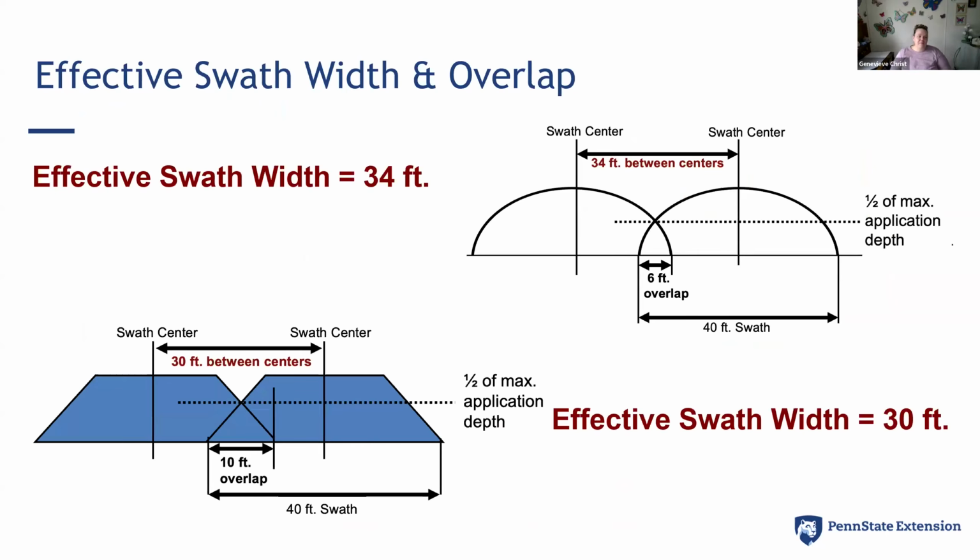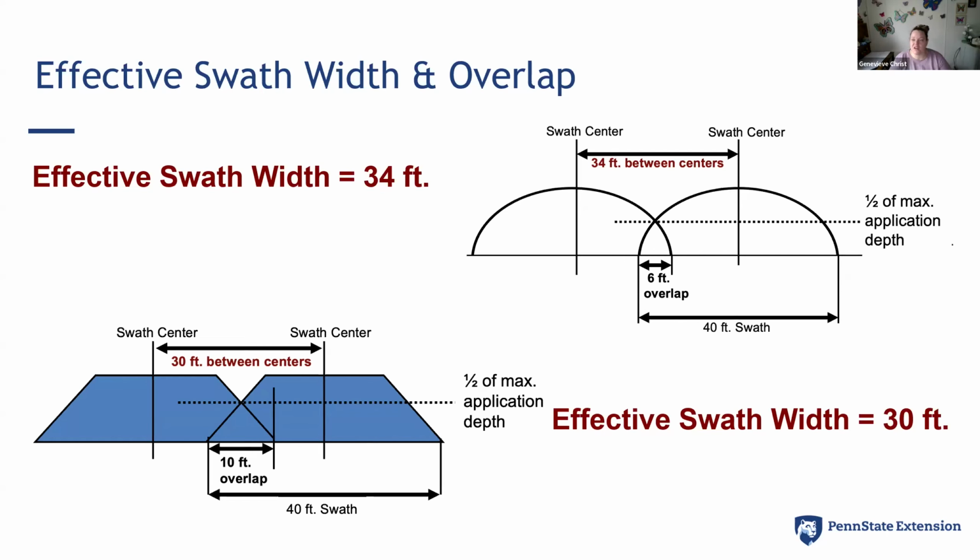So thinking just a little bit about effective swath width and overlap, it's going to depend a lot on the spreader distribution pattern. Different spreaders will have different types of distribution patterns, and a lot of that information is included in the equipment manuals.